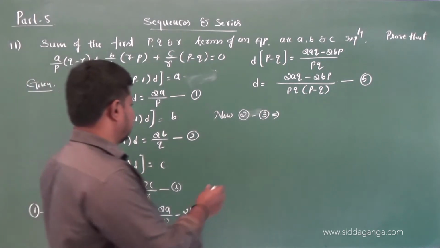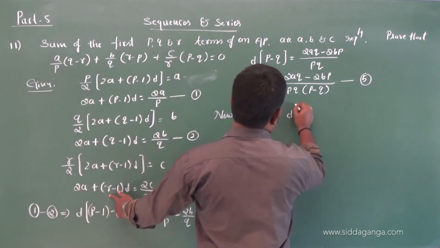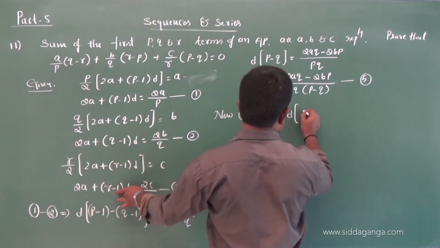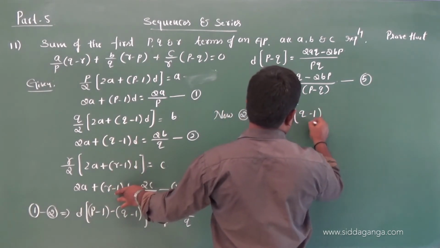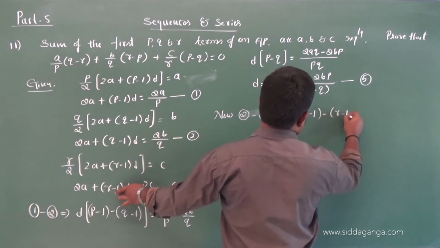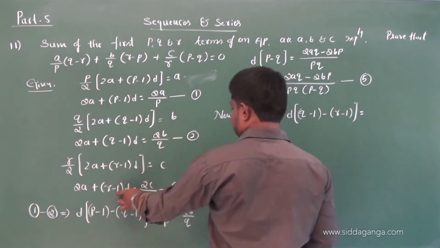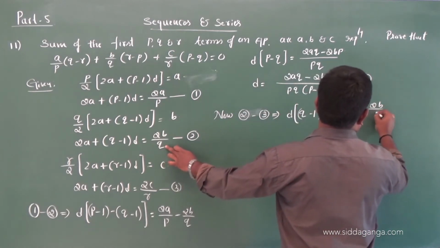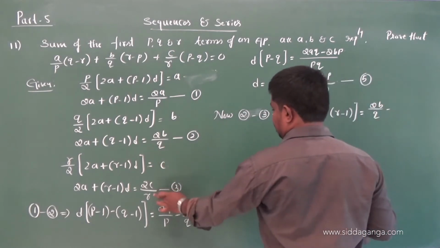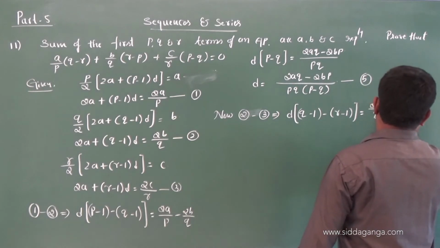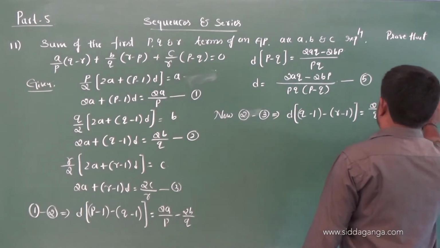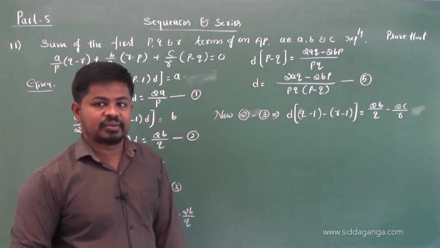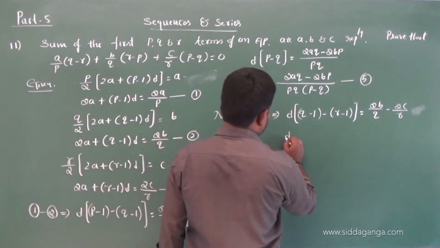So let me take d outside: d into ((Q minus 1) minus (R minus 1)) equal to 2b by Q minus 2c by R. Here again minus 1 plus 1 get cancelled. So what do you get remaining?